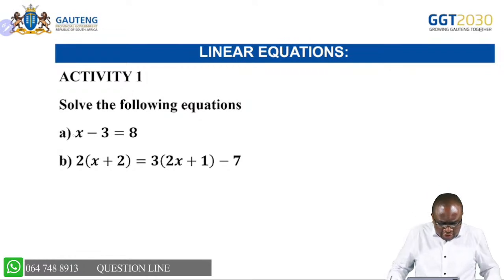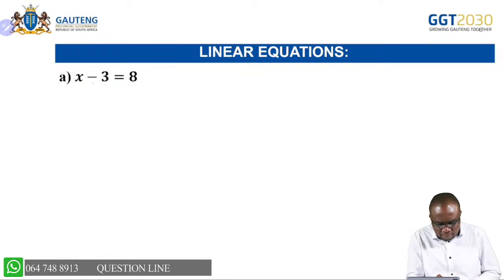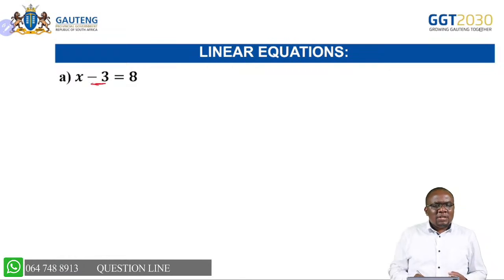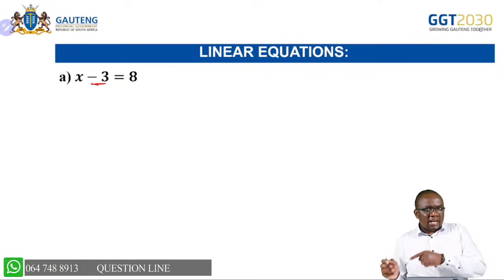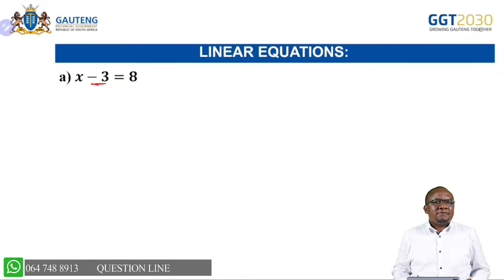Right. And then solve the equations. Let's start with A. What did you do there? Okay, right. So here we have x minus 3. What is the opposite of minus 3? What is the additive inverse of negative 3? It is plus 3. Do you see that? So we have to add 3 to get rid of negative 3.